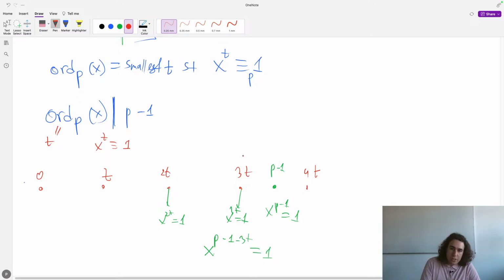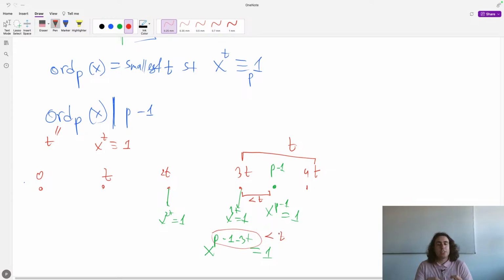But you can see that this distance is t, so this distance is strictly smaller than t. We just took the number p minus 1 mod t. So we got something smaller than t, and in this power we also get 1, which is a contradiction because we defined t to be the smallest power such that we get 1.